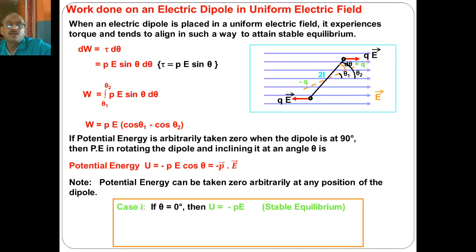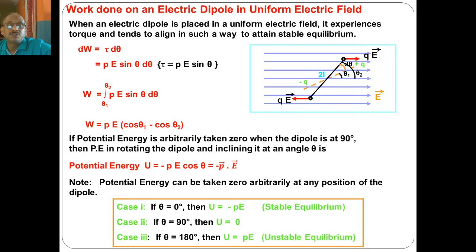Now if theta equals 0, then potential energy will be minus P E. It is a stable equilibrium. Theta 90, then potential energy 0. If theta is 180 degree, then potential energy is maximum, that is P E, and that is called unstable equilibrium.